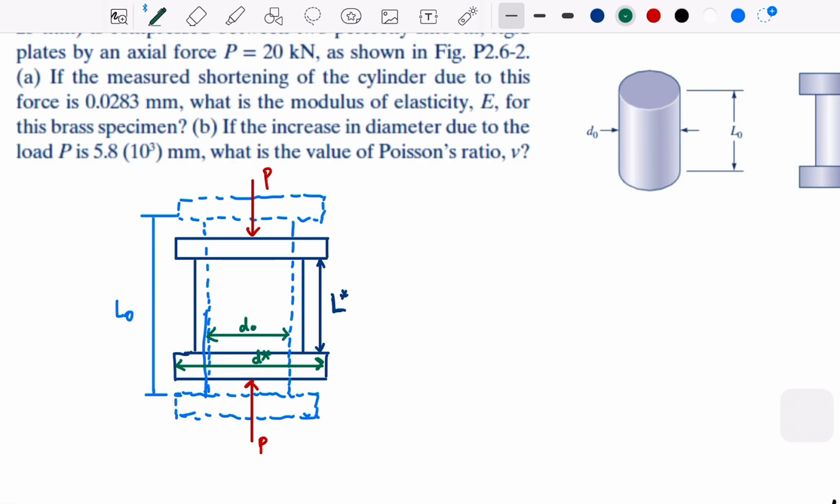Okay, now the first question is asking for E. What is E? The modulus of elasticity is equal to the stress divided by the strain. Now to get the stress, we get it from F or P over A, right?